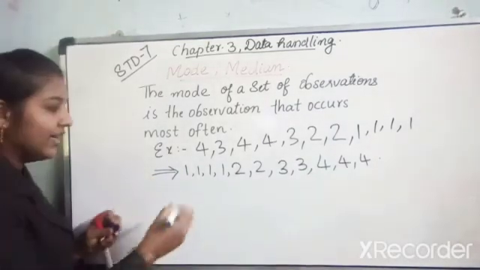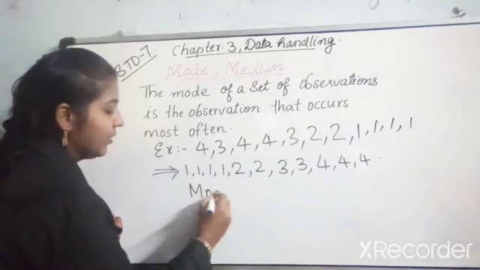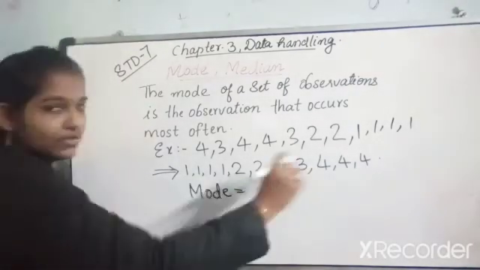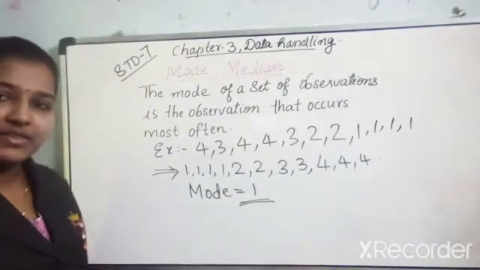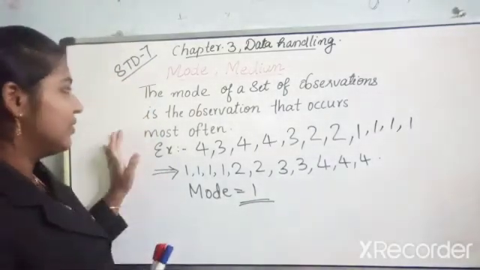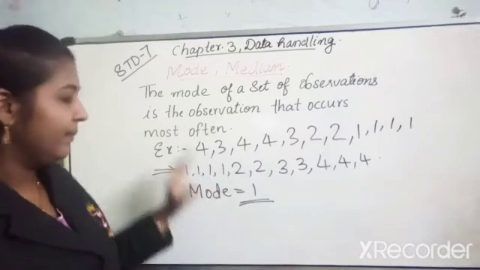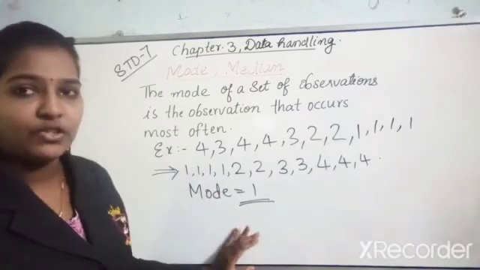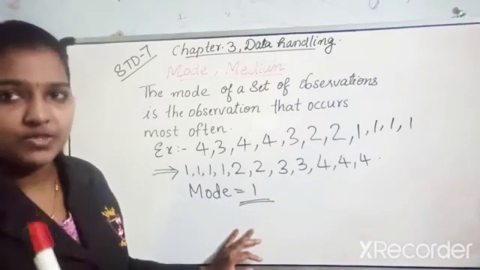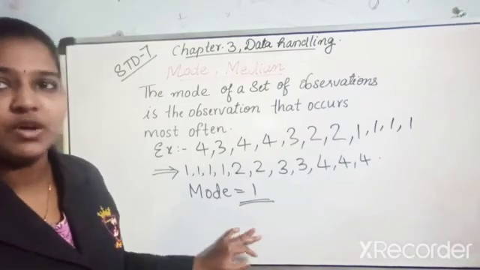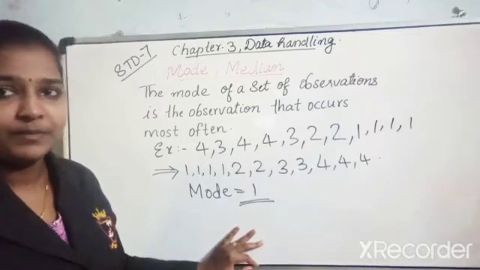So we can write: the mode of these observations is 1. Always remember, the mode of an observation means the observation which occurs most often. Got it?